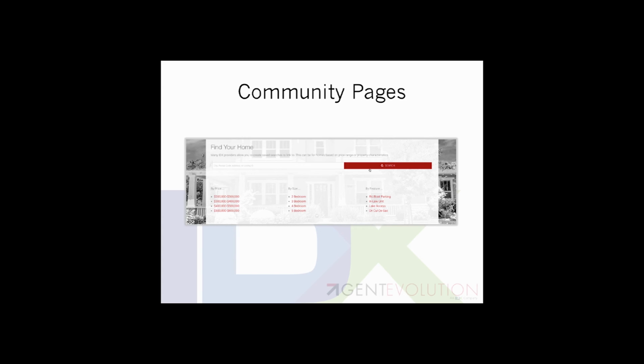IDX sends you your new lead. Or they say, hey, maybe something new will come on the market in the next couple of days. I'd like an email when something meets this criteria. Homes by email, another feature in IDX Broker. Voila. They register. You get the lead. You monitor those emails going out. Before you know it, they're asking you to see one of the homes that just came on the market.